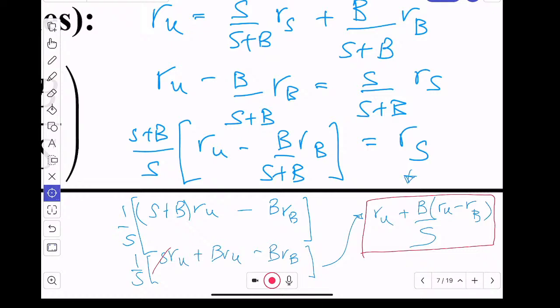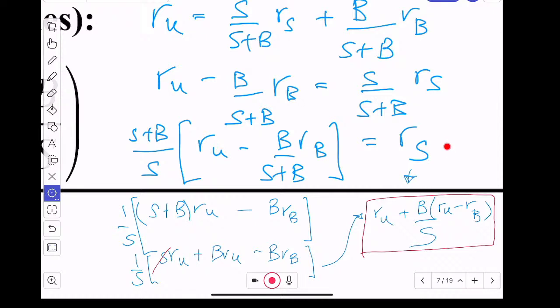So the return to stockholders in the levered firm, in other words, the required rate of return, increases beyond the required rate of return in the unlevered firm. The higher the debt to equity, so the more debt relative to equity, it's going to increase basically.